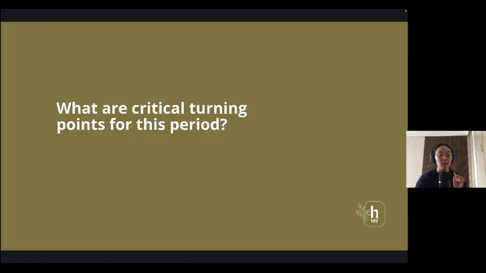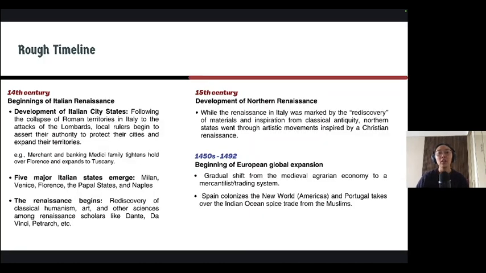Okay. So, if those are contexts, this is where it gets a little bloody. What are critical turning points for this period? Okay. So there's a lot that happens here, right? So don't get overwhelmed yet with the things written on the timeline. What I've decided to do is divide this into centuries.